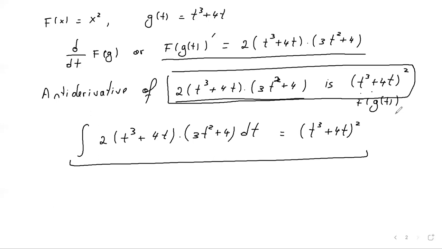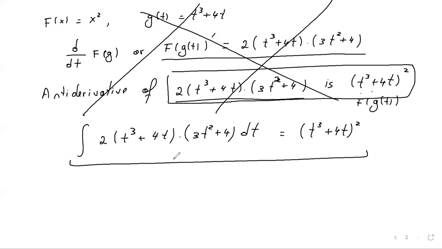Here's why. Now let's assume we didn't know anything about these things here. We just somehow want to go from this step to this step without knowing any of the above given facts. How do you figure out that the antiderivative on the left-hand side is equal to the right-hand side? Well, one way would be to write out this product, evaluate the powers, and eventually you'll find that, which is correct.